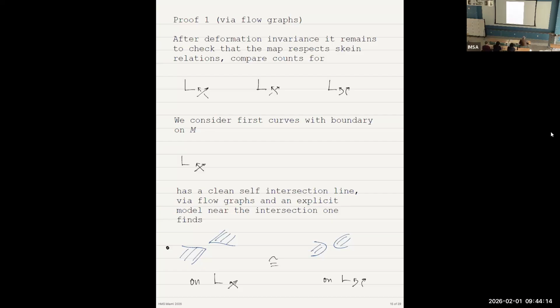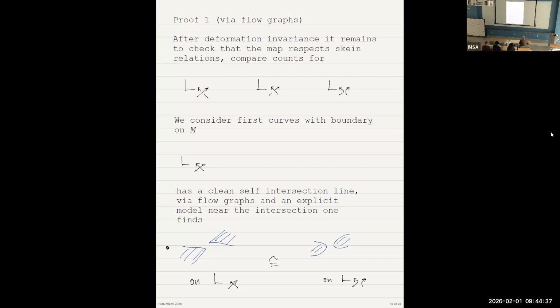And so you can now look at holomorphic curves on that one, which have corners at this intersection. And it's not hard to show, by just flow geometry, that those curves with corners are the same as the curves on the smoothed Lagrangian. So this is the first thing.